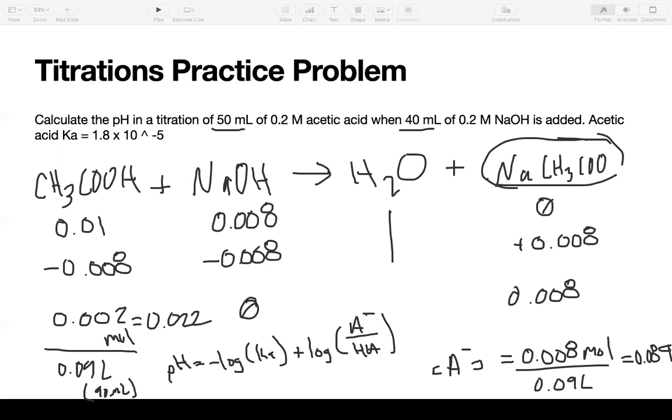So we end up with a final answer of our pH being equal to 5.35. And that would be an example of a titration problem. And then we could check with our initial hypothesis of it being acidic, and it checks out.